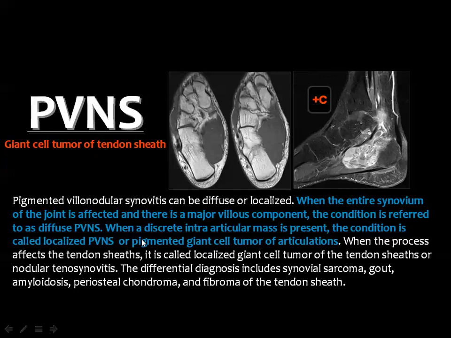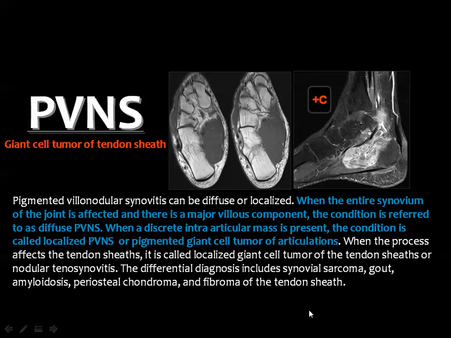And when a discrete intra-articular mass is present, the condition is called localized pigmented villonodular synovitis or pigmented giant cell tumor of the joint. Then what I would like to say is that pigmented villonodular synovitis and the giant cell tumor of the tendon sheath belong to the same category. They show the same signal characteristics and enhancement.